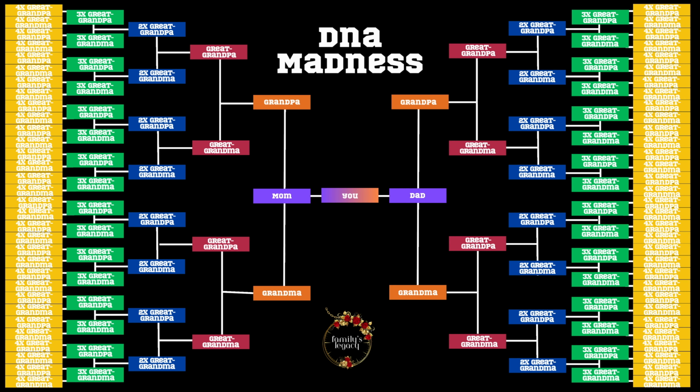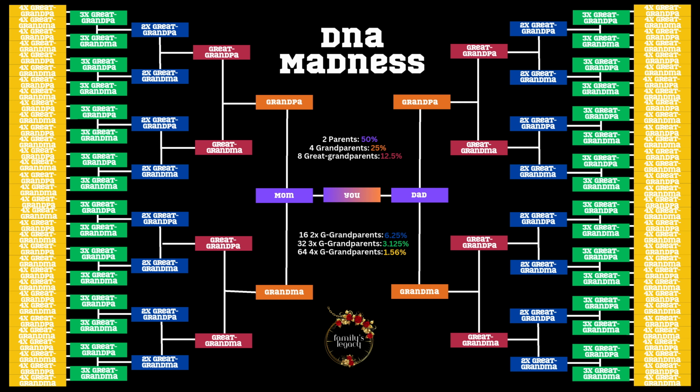The focus of this bracket that we're looking at right now is DNA inheritance, and I color coded it to reflect the rough percentages that we inherit from each of our ancestors. So, the cool thing about this particular bracket is that you can see how every ancestor up to 7 generations back could have contributed roughly 1% or more of their DNA to you.